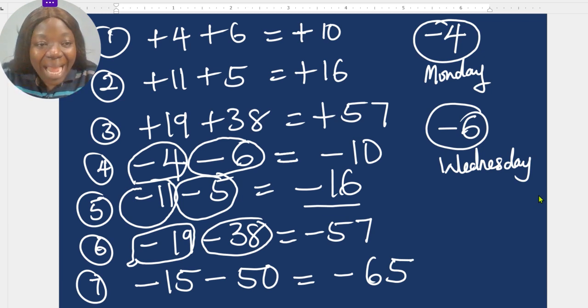So minus 19 shows that Joshua is owing 19, not me. Then the following day, Joshua still borrowed 38 naira. So is Joshua owing or not? That's to tell you that Joshua is owing. So altogether he is owing 57 naira, which means your 57 will be minus. That's negative, right?